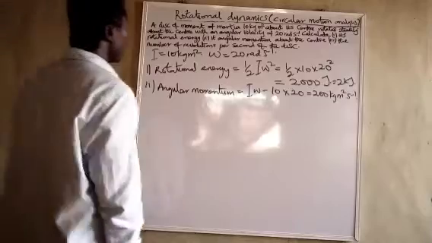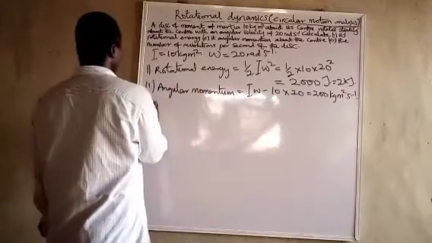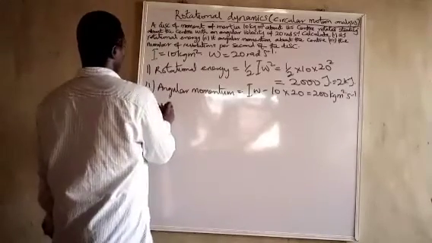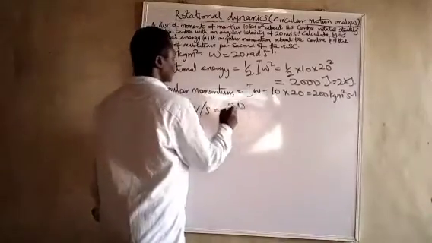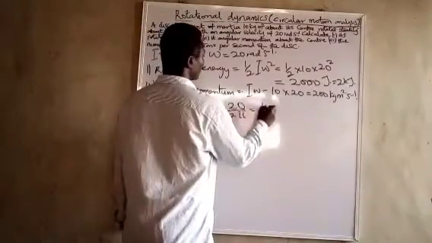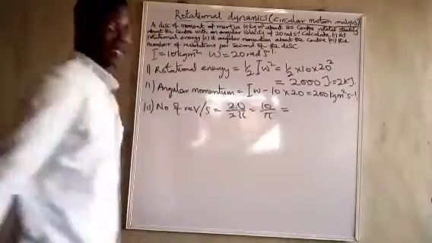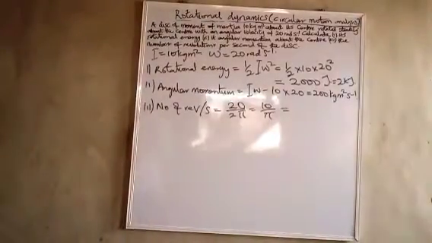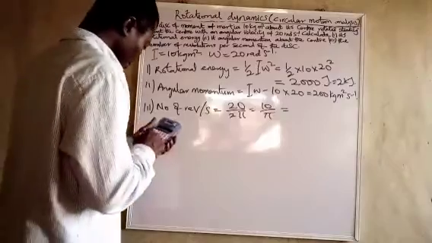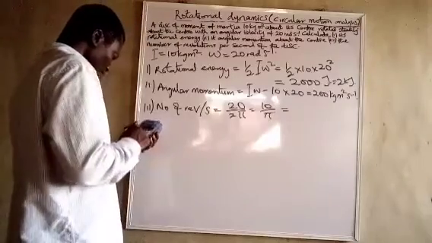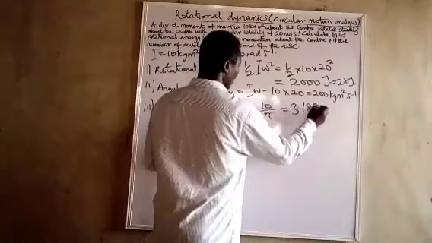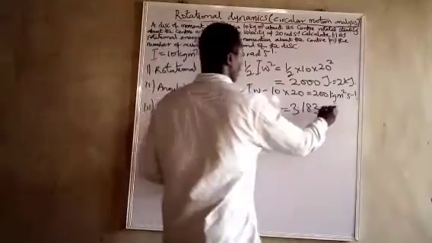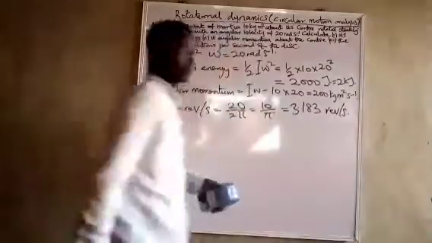The third one, the number of revolutions per second of the disc. That will be 20 over 2 pi, which will be equal to 3.183 revolutions per second.